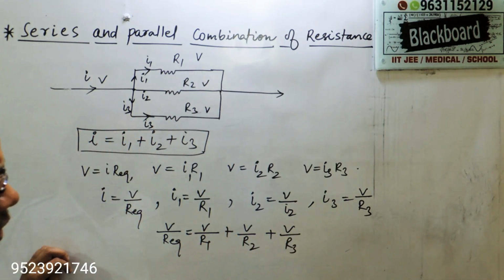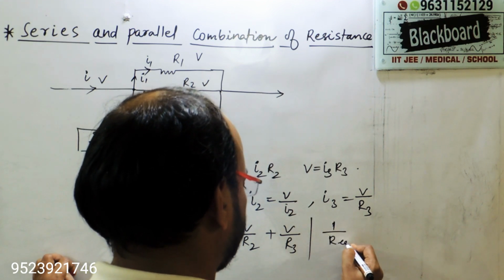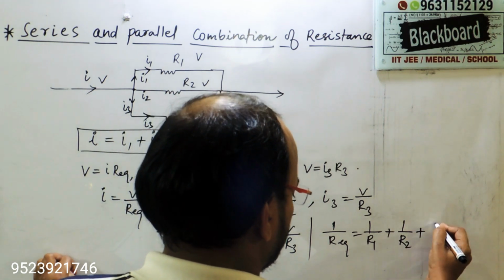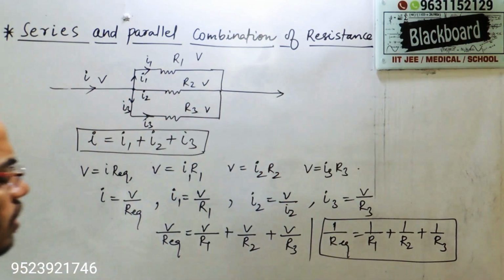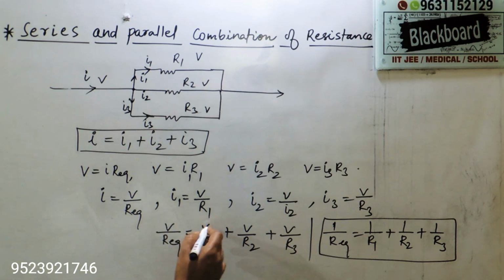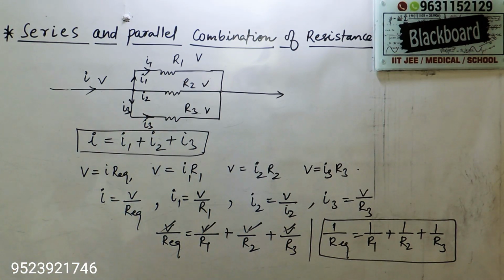V कॉमन लेकर कैंसिल कर सकते हैं, that means you can write 1 by R equivalent is equal to 1 by R1 plus 1 by R2 plus 1 by R3, and this is the formula for parallel combination of evaluating your equivalent resistance. We can say that the reciprocal of equivalent resistance of several resistors in parallel is the sum of reciprocal of individual resistances.